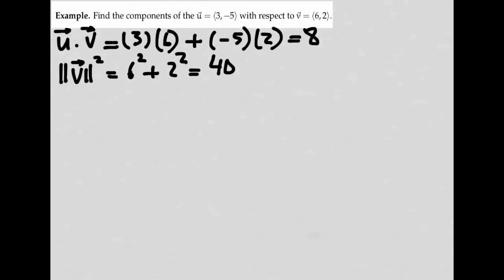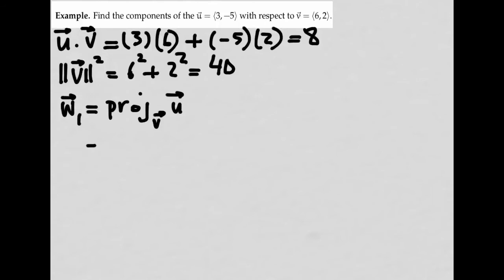The vector w1, which is parallel to v, that's one of the components of u with respect to v, w1 is the projection of the vector u onto the vector v.